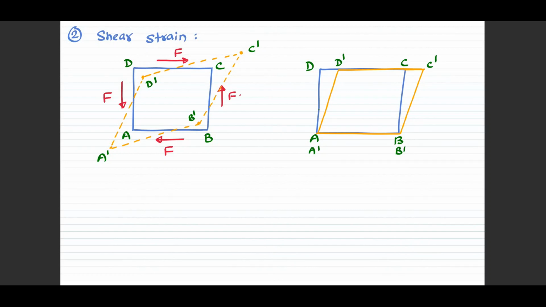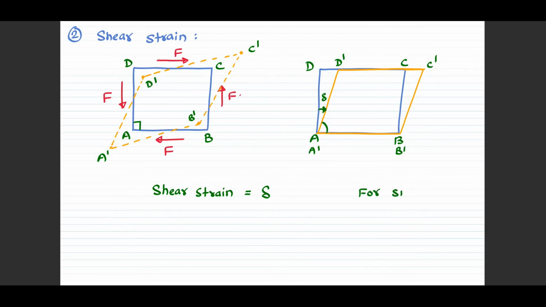Now this is the change in angle between the sides, right? If you ask what is the change between the earlier angle between AD and AB and the present angle between AD and AB, so this is the change, right? So this change in angle is known as shear strain. Correct?